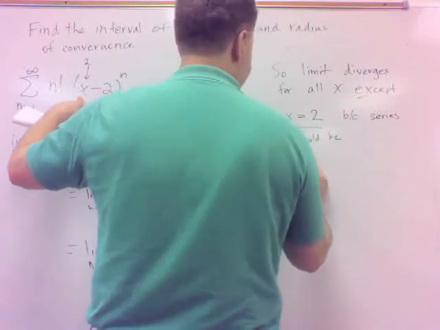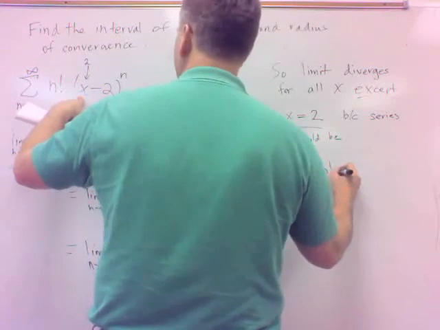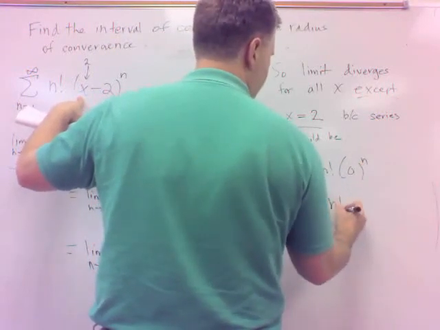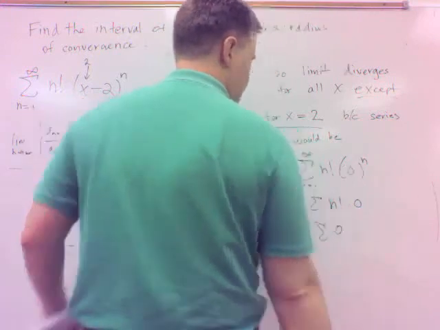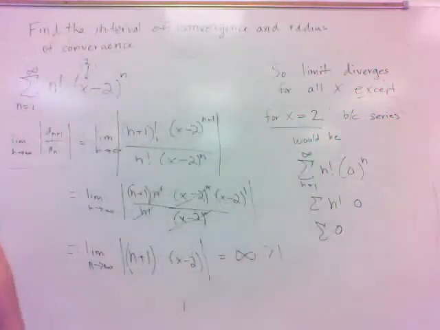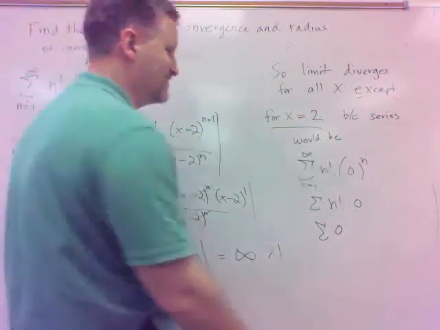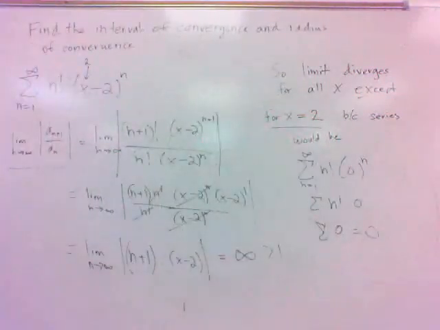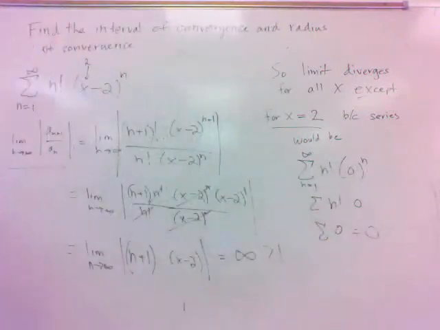It becomes the series n equals 1 to infinity of n factorial times 0 to the n, which is n factorial times 0, which is the series of zeros. Does that converge? Yeah, because it doesn't do anything. I mean, it's not a very interesting series, but that series is equal to 0, so it does definitely converge. When we say it converges, that means it goes to a number. That series definitely goes to a number, okay?